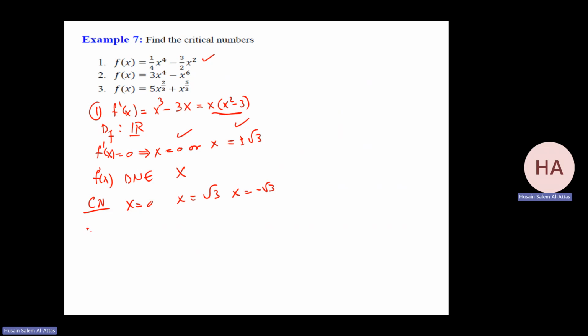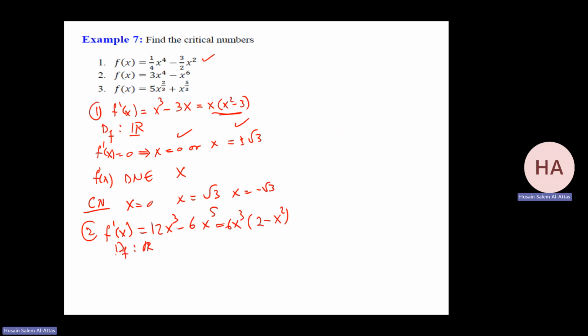Second case, f prime of x will be 12x cubed minus 6x to the power 5. Okay, I can take 6x cubed as a common factor, so I have 2 minus x squared. Yes, so 12x cubed minus 6x to the power 5. Correct. Now, what's the domain of f?